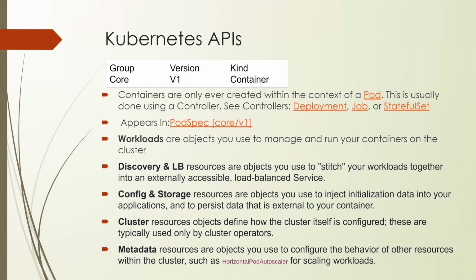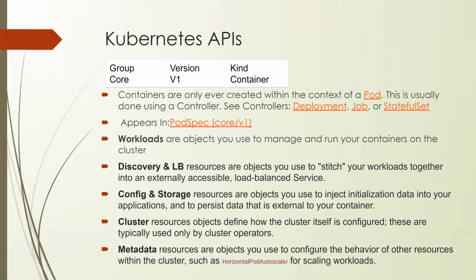Here, there are a bunch of APIs which deal with workloads. So whatever objects you run your container on, that is important. So you can manage and run your containers on the clusters. How? I need to know what is a pod. So there will be specs for pod, pod specs and pod status, and there will be a version of it.